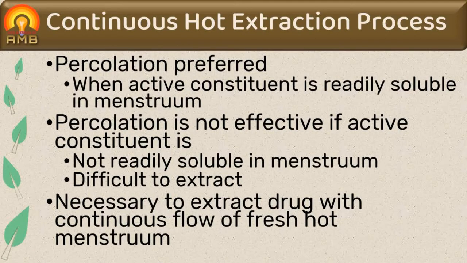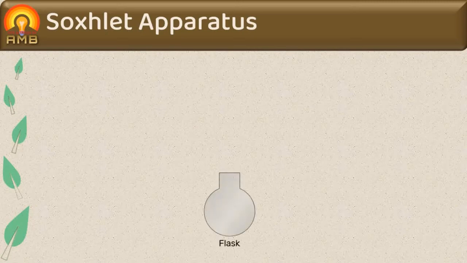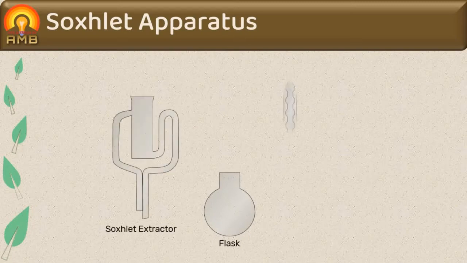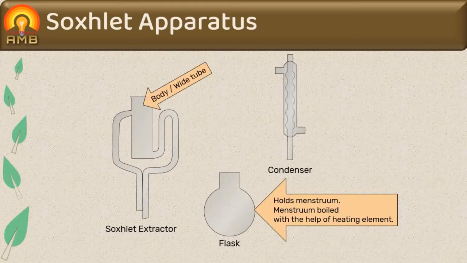Now let's discuss the apparatus which is used for continuous hot extraction process, which is called Soxhlet apparatus. It consists of three main parts: Flask, Soxhlet Extractor and Condenser. The flask contains menstruum which is boiled with the help of a heating element. The Soxhlet Extractor has a central white tube, also called the body, in which the drug to be extracted is packed in a cylinder made up of filter paper and placed.